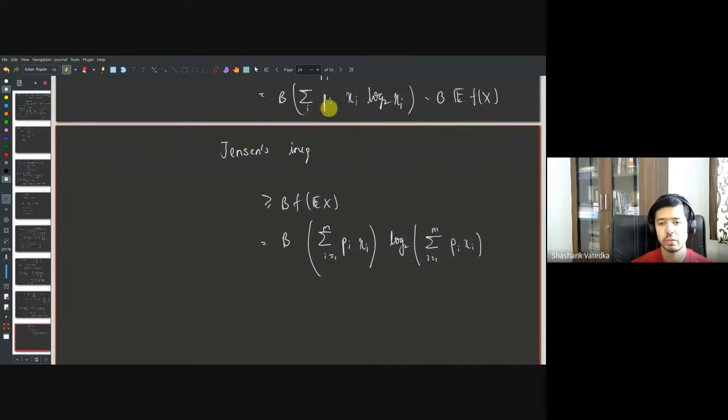Using Jensen's inequality, this is greater than or equal to summation over i of pi xi log summation over i of pi xi. But what is xi? Xi is alpha i by beta i. But what is pi? Pi is beta i by capital B.